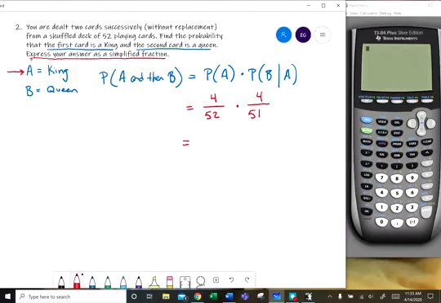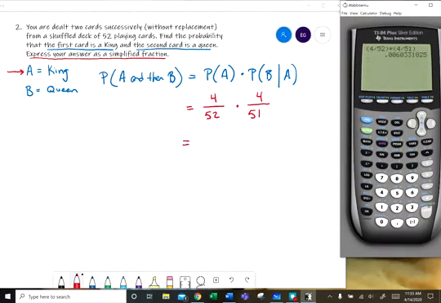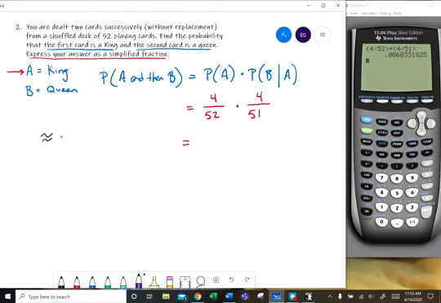Okay, let's come over here to the calculator. So we have the fraction 4 over 52 times the fraction 4 over 51. If you wanted a decimal, this is about 0.006, or if you wanted it as a percentage, multiply that by 100, and that's about 0.6%.